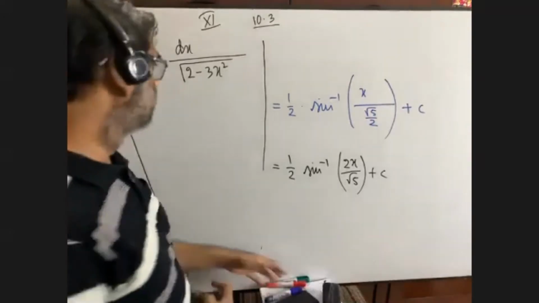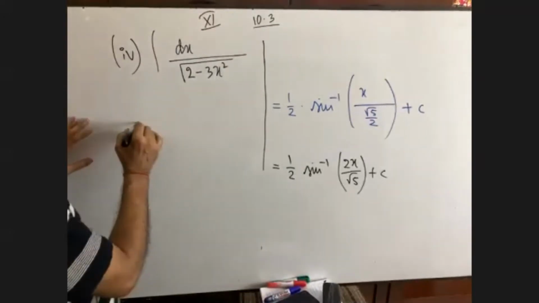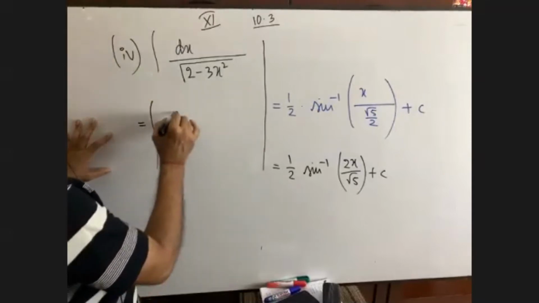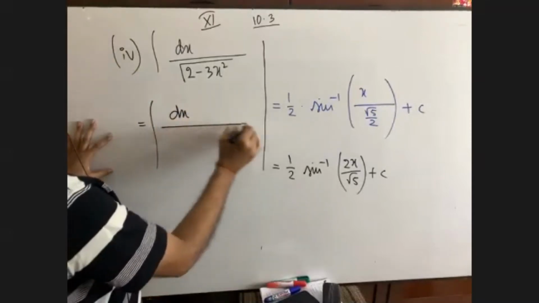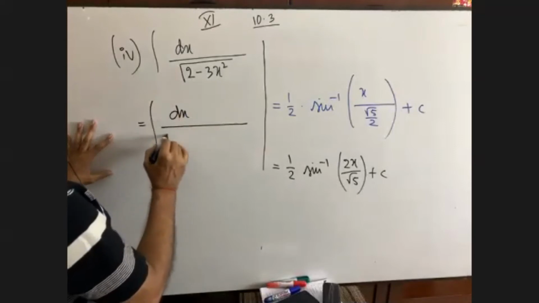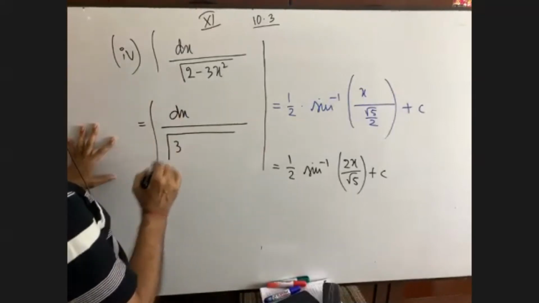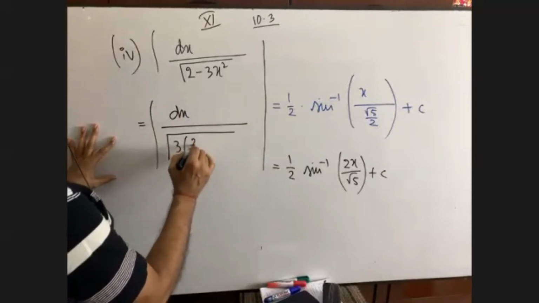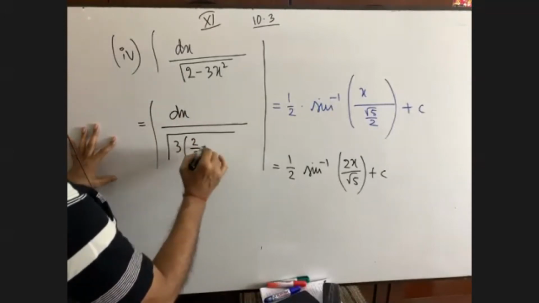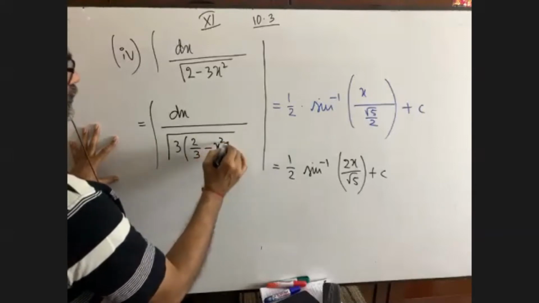Now what will we do here? Like the previous one. Okay, dx, which is to be taken common? Let me know. 3. Then it is 2 by 3, then it is minus x square, right?